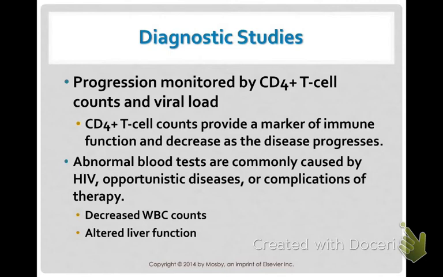Abnormal blood tests are commonly caused by HIV opportunistic diseases or complications of therapy. You'll see decreased white blood counts, altered liver function.